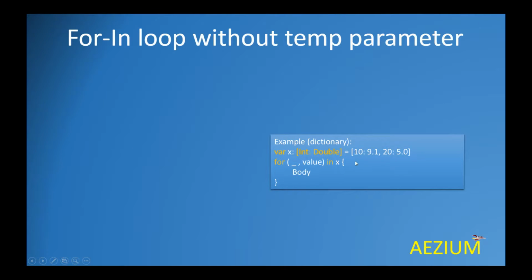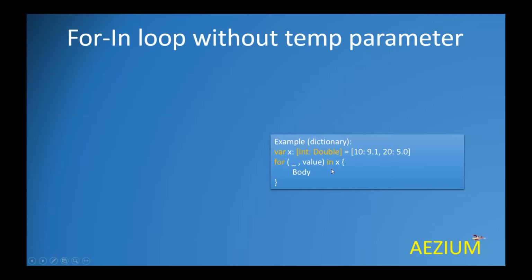Similarly, when we're dealing with dictionaries, it is possible that we may not need one or both of the key value pairs. So in such a case, we can replace the value that we do not need by an underscore.